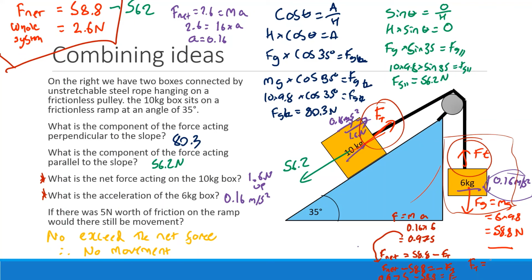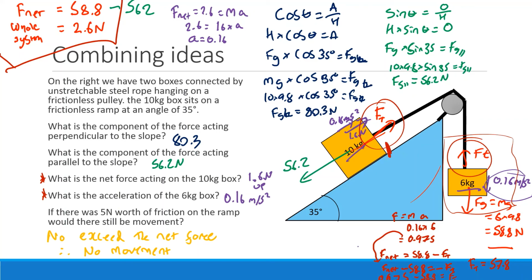We'll go with 57.8. Okay. Now, that's cool. That's the tension force. But let's compare it to this one. Well, let's just do a little bit of extra. A little bit of extra work's never really hurt anyone. Let's just find this one here.